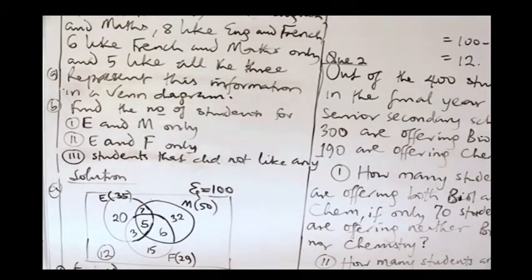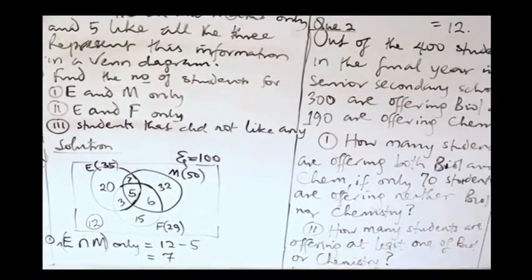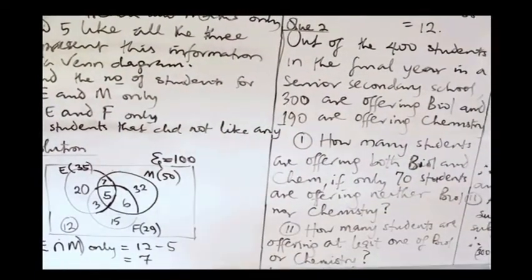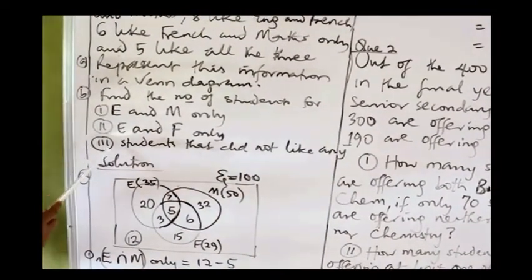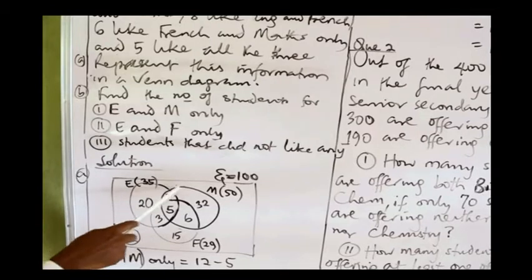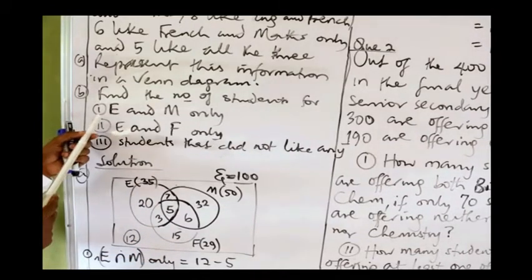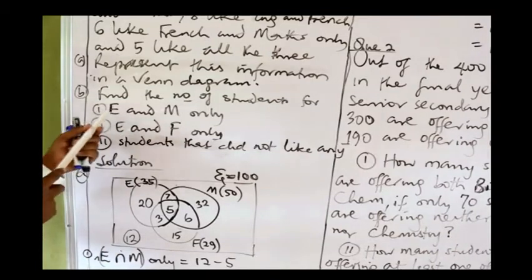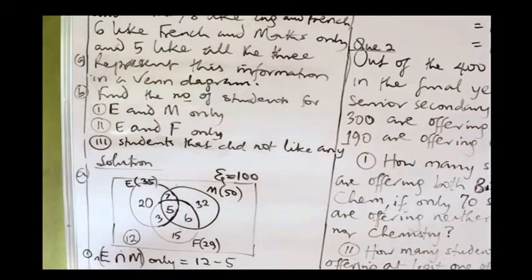Then from there we go outward. Now, for number 1, let's quickly go to B, because if we don't solve B, we cannot get the numbers we're going to put inside the subsets. So let's go to question B.